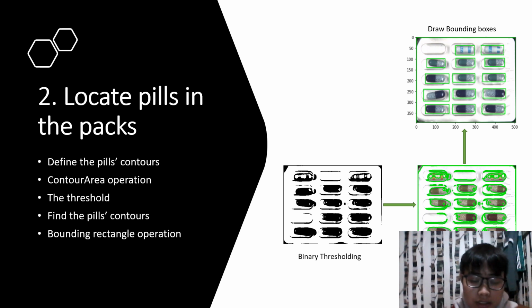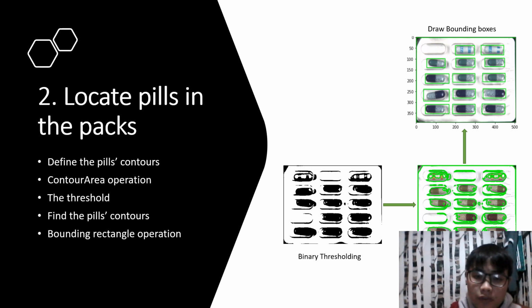We saw binary thresholding in the image. We find the threshold in the image, so we calculate it by experience. We set the binary thresholding at 190.